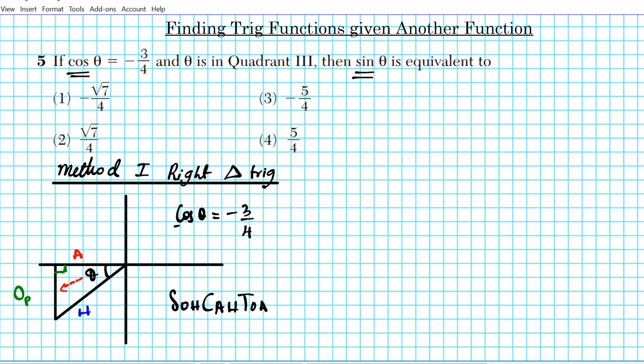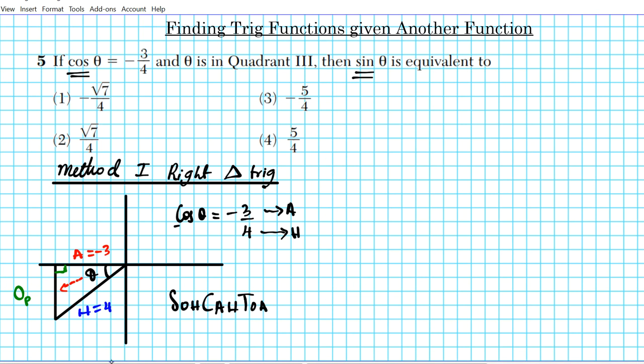So we're looking at the C situation. C is CAH, which tells us that the numerator is the adjacent, the denominator is the hypotenuse. Remember, the hypotenuse is always positive, so this automatically shows that A is negative 3. So A in this problem is negative 3, and our hypotenuse is 4.